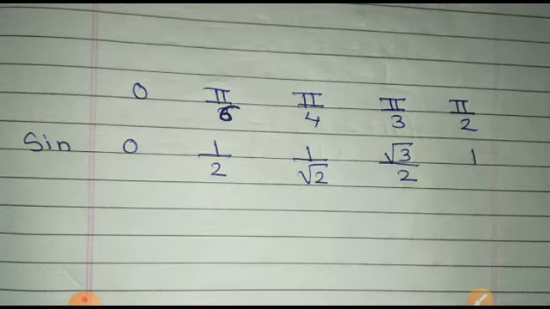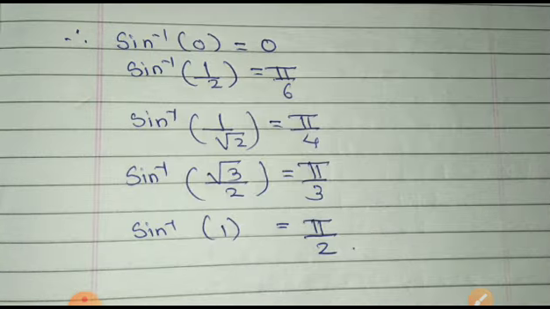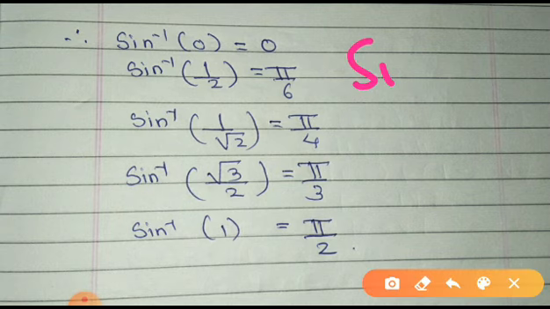Okay. So before that, we know this table: sine 0 is 0, sine pi by 6 is 1 by 2, sine 45 is 1 by root 2, sine 60 is root 3 by 2, and sine 90 is 1. Okay. That is the same as I can write it as what? Sine inverse of 0 equal to what? 0. I have got sine 0 is 0.